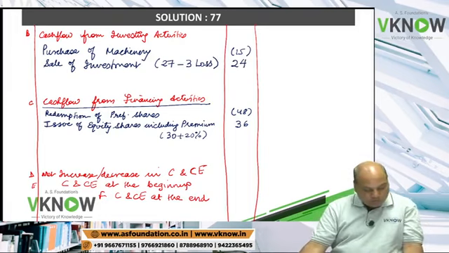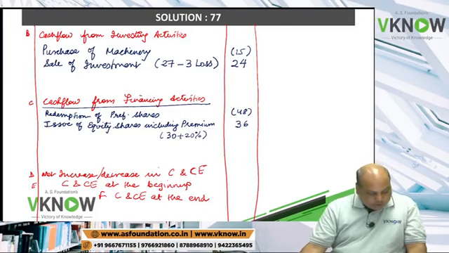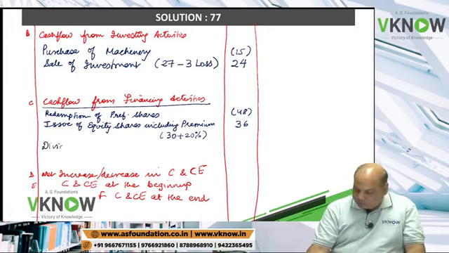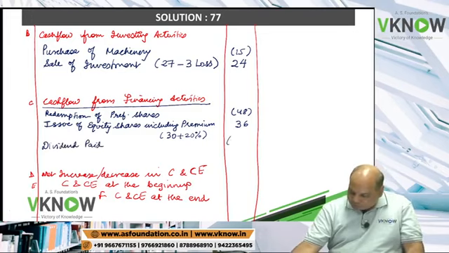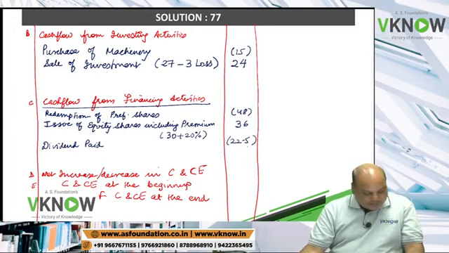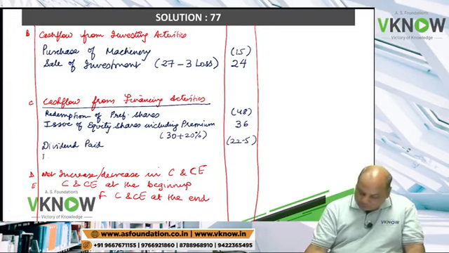Then next point is dividend, 22.5 crore was paid. Financing activity, dividend paid, 22.5. Debenture interest 3 crore paid. Same place, financing activity.